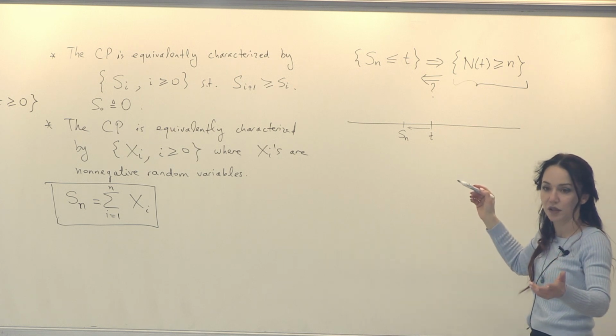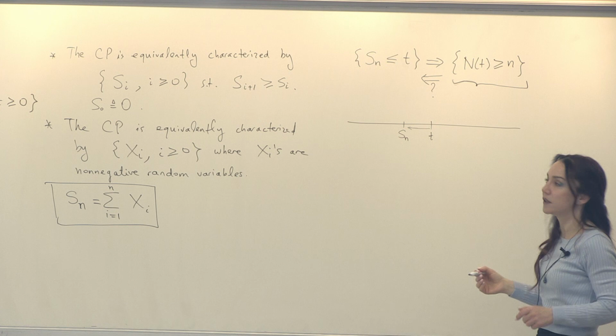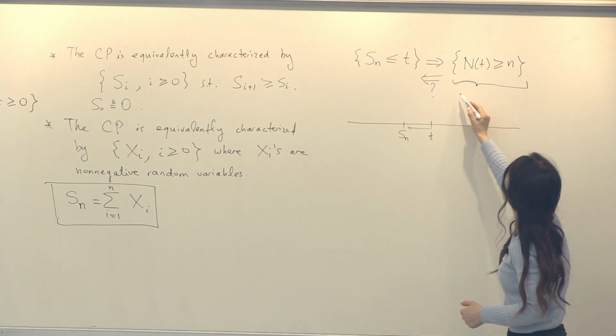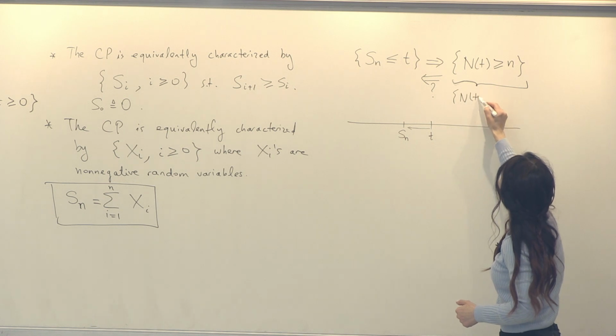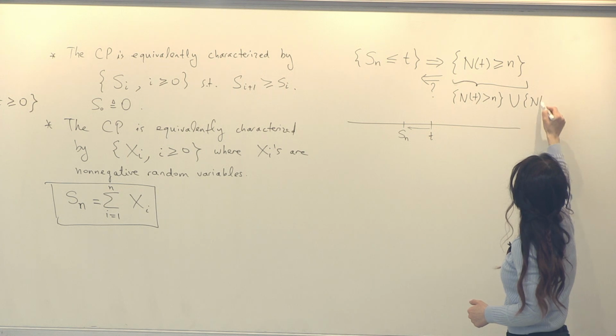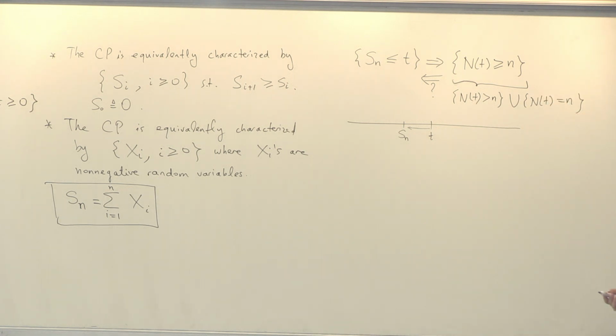You're right, essentially. But to argue with perfect confidence, maybe we can split this into the union of two events: N of t bigger than n, union N of t equals n. Either bigger or equal.